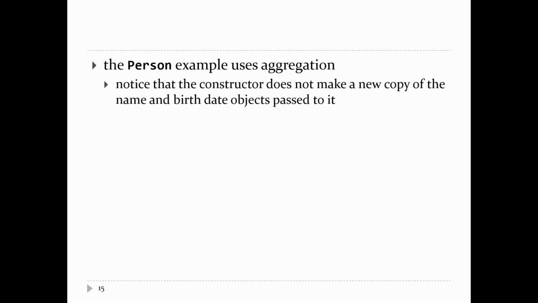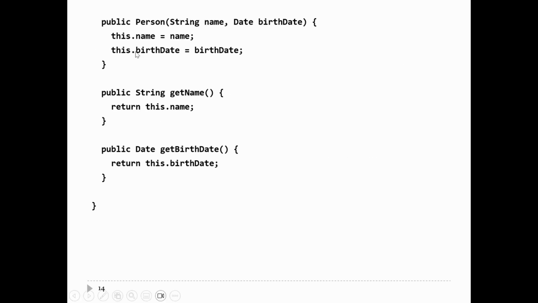So notice that the constructor doesn't actually make a new string or a new date object. So you go back to the constructor, we're writing this.name equals name, this.birthDate equals birthDate. Remember in Java, all reference variables are storing references to objects. They don't store the objects themselves.